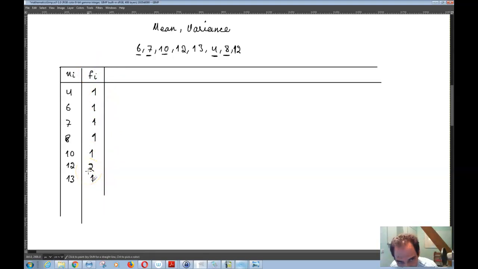So now to find the mean of your data, you know that the mean x bar is equal to sigma f of i x of i divided by sigma f of i, in both of these sigmas as i goes from 1 to n.